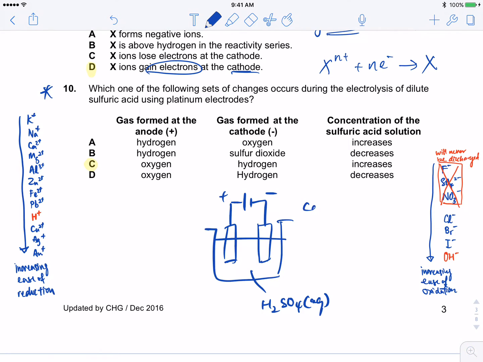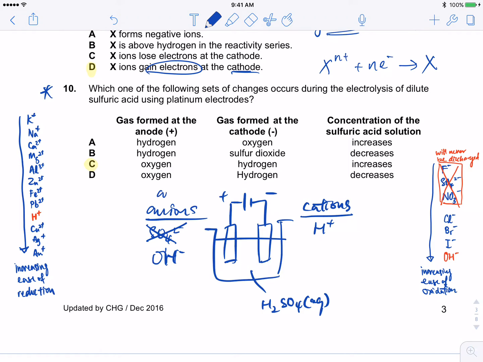Now what can be attracted to the negative electrode? It must be my cations. Cations include H plus only. Anions go to the positive terminal: SO4 2 minus, OH minus. But SO4 2 minus cannot be discharged, so OH minus will be discharged. So what will be formed at the anode?